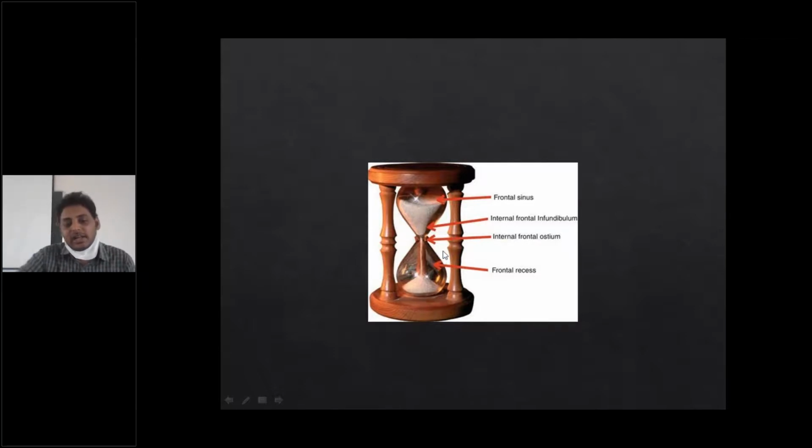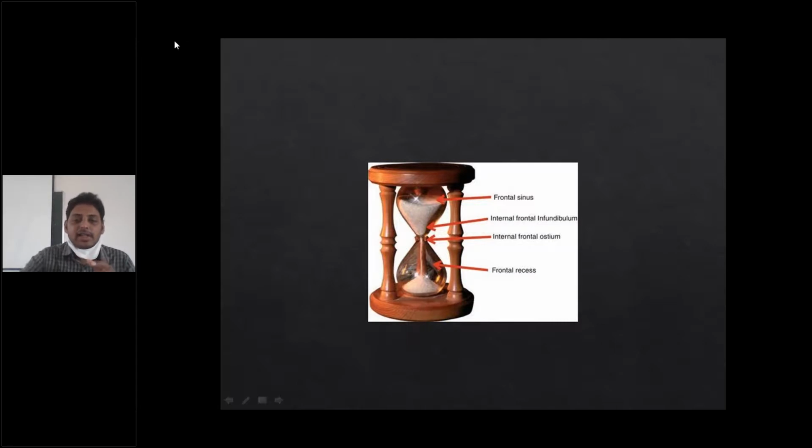And in functional endoscopic surgery, the point we should make sure of is that we operate on the frontal recess but not in the frontal sinus. In the remaining sinuses you will be operating in the maxillary sinus once the ostium is widened, and in the ethmoid sinus you will clear every ethmoidal cell, and the sphenoid sinus.